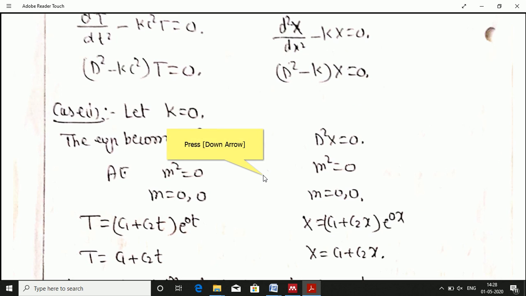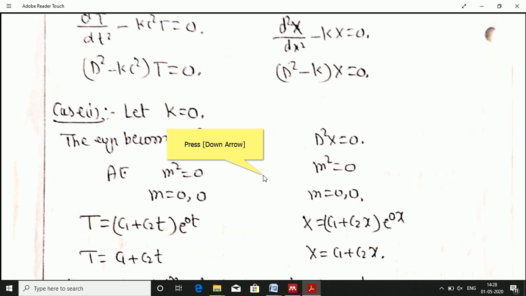In the first case, I am taking k is equal to 0. If k is equal to 0, the above equations take the form D square T is equal to 0 and another equation is D square X is equal to 0. Its auxiliary equation is m square is equal to 0, so that the roots are 0, 0. For the second equation also, the roots are 0, 0. For the first equation, the solution is capital T is equal to C1 plus C2 t into e power 0t.